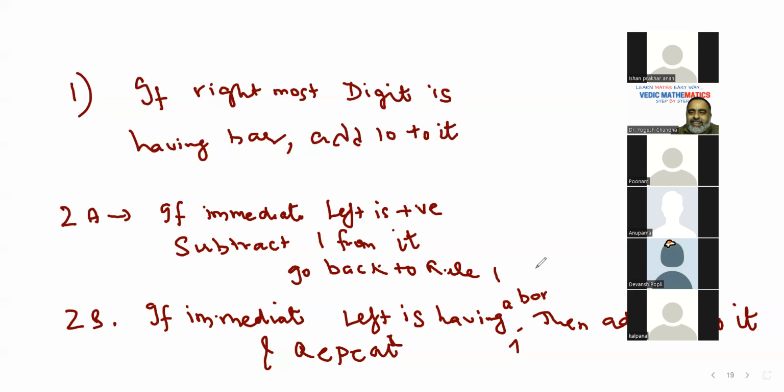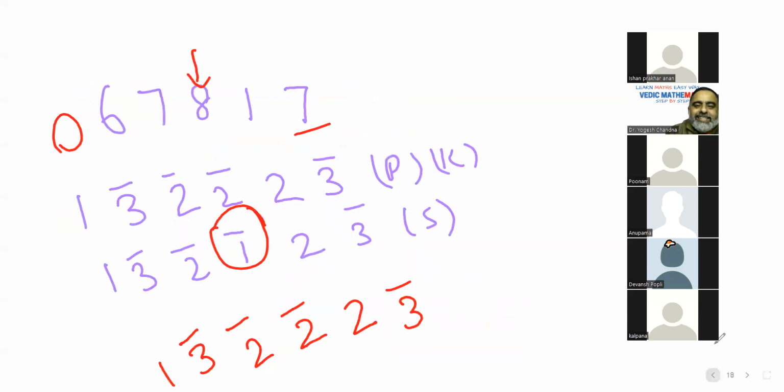Whatever we did earlier, just reverse. Yes, sir. Got it? Okay, let's see an example.